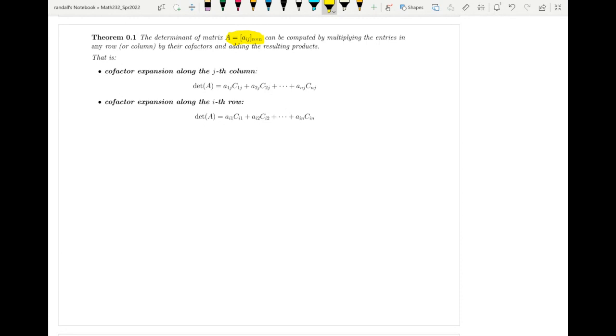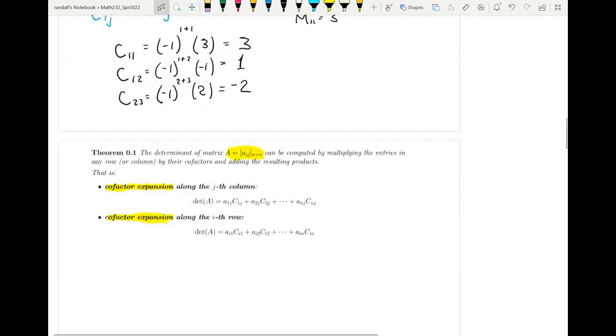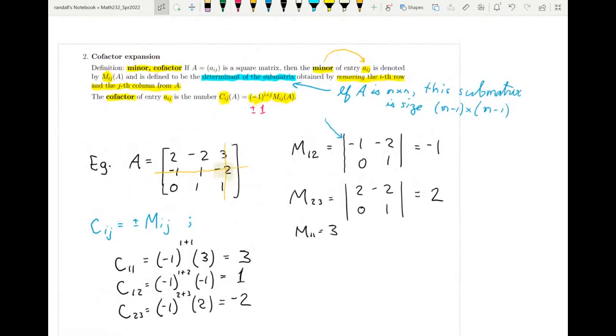So what does this formula say? This is the definition using cofactor expansions. These are the cofactors, we've just defined them, they're right here. It's given in terms of these Cij's. So our determinant function is going to be written out in terms of these Cij's.